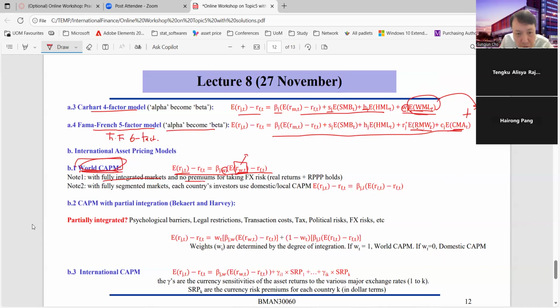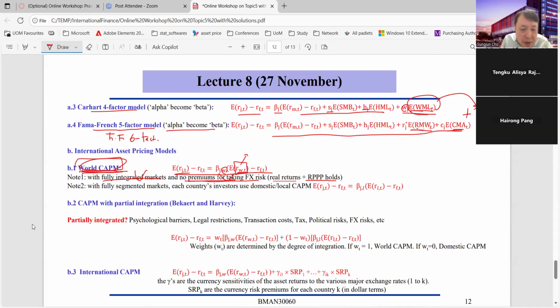We also need to assume there's no premium for taking currency risk. This is only true when relative PPP holds, and you use the real return to think about your financial decision. So, under a fully integrated market and no premium for taking FX risk, you could use the world CAPM as your benchmark, just like you use the domestic CAPM as a benchmark for size and value.